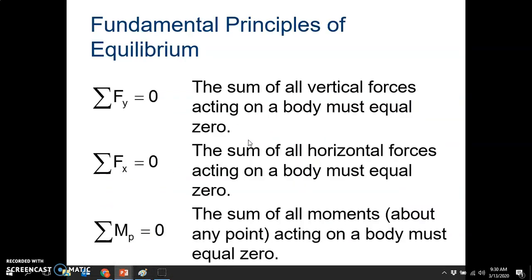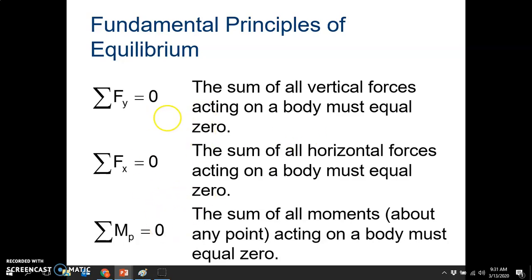All right, so we also did this last video, the fundamental principles of equilibrium. That's saying that the sum of all forces acting on a body must equal 0. If it does not equal 0, then your structure is going to move.